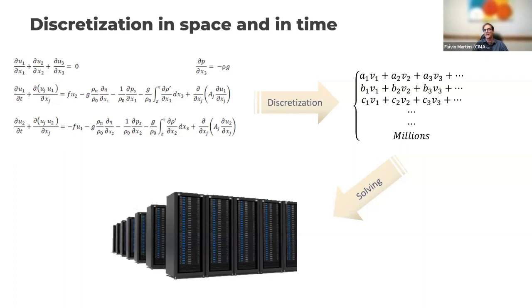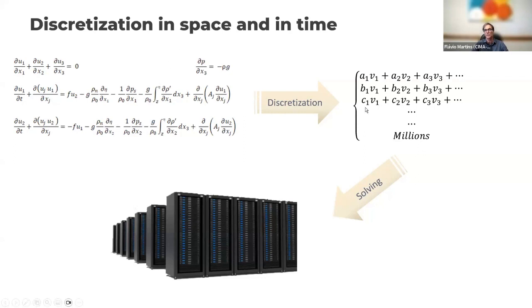They are algebraic, only having sums and products, and they form a system of millions or billions of equations. We must solve all these equations simultaneously, so we need a huge computer to do it. That's how we come up with models.